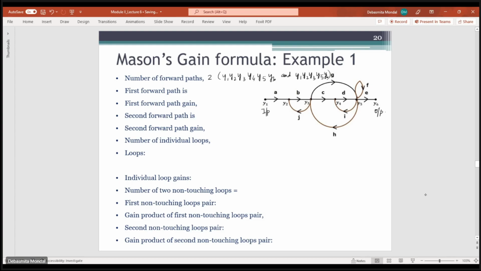Yes, ma'am. Okay. So now if you want to find out what is the gain of forward path number 1, y1, y2, y3, y4, y5, y6, what will be the gain of this forward path?